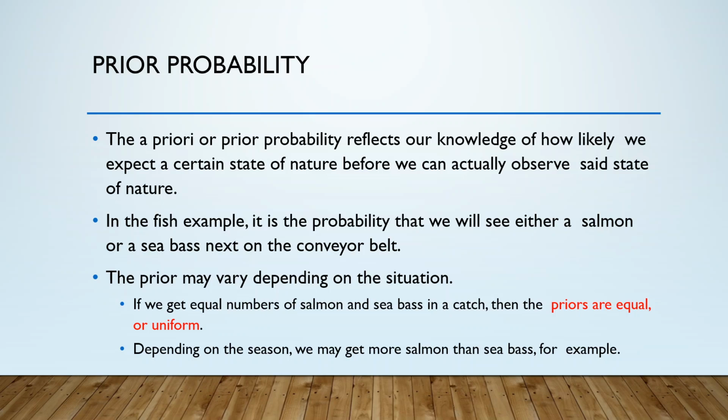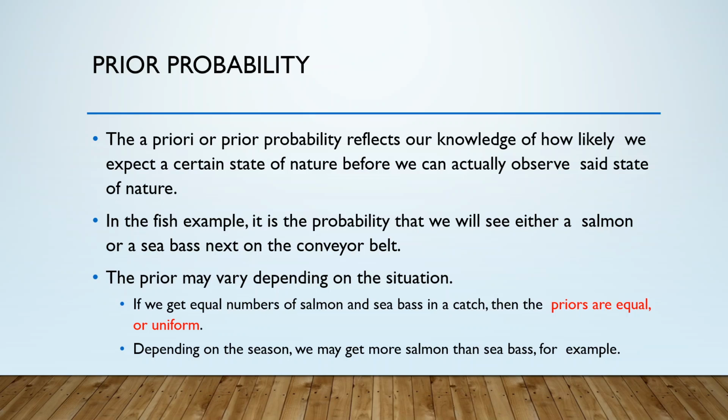That is, this probability shows how we expect a certain class of fish before that fish has actually come in front of our eyes. In the fish example, it is the probability that we will see either a salmon or a sea bass next on the conveyor belt.